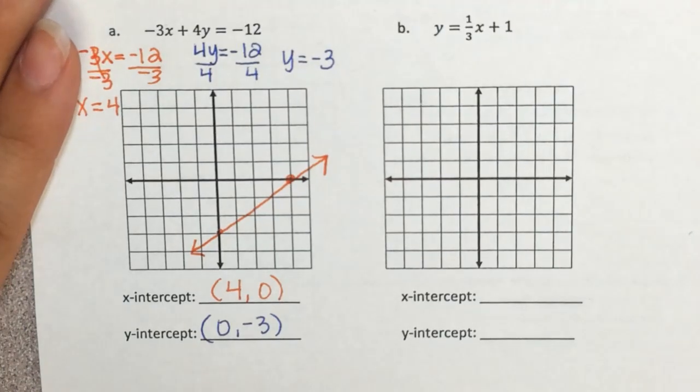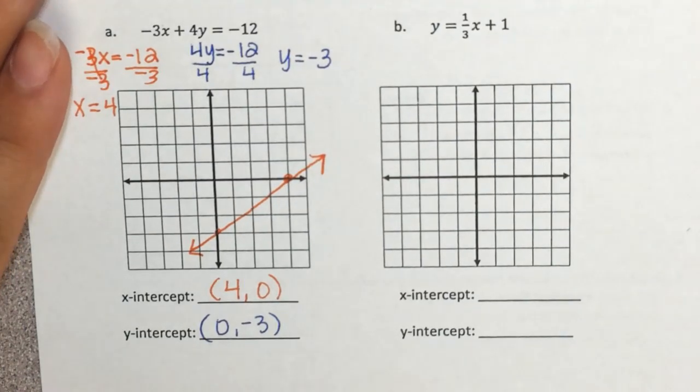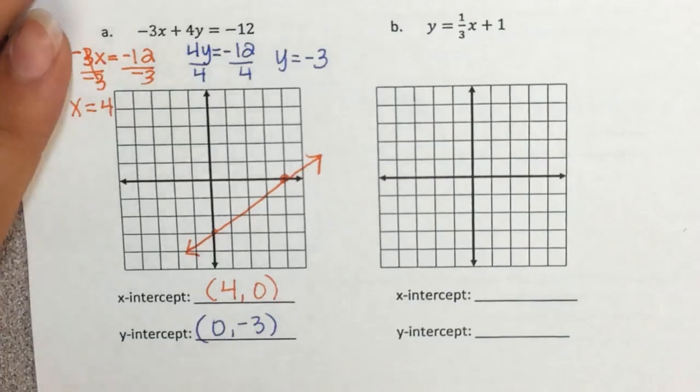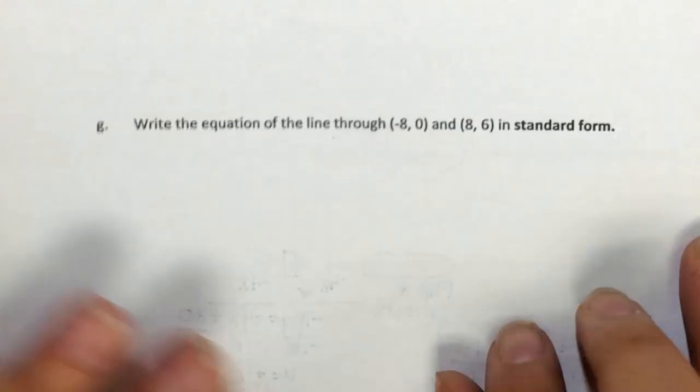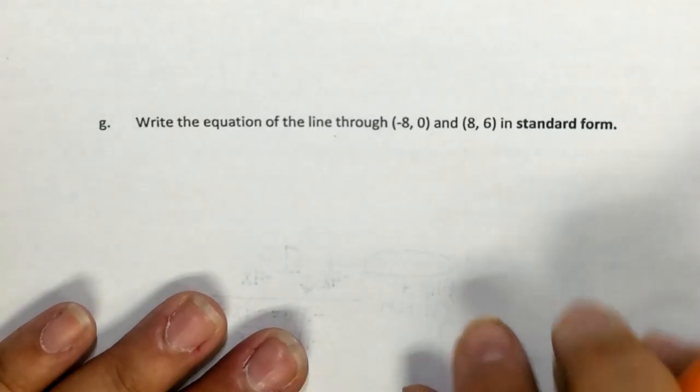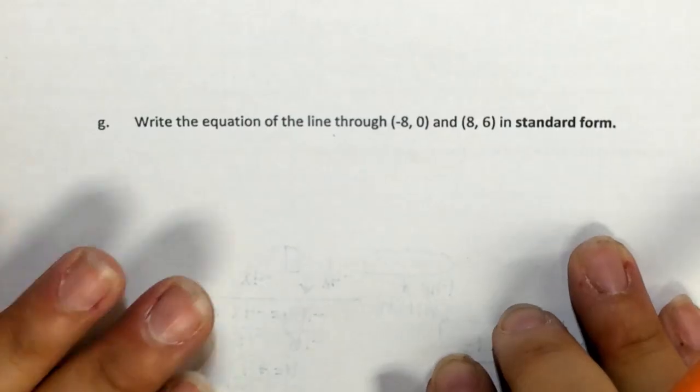Number 8, I only have 5 minutes, so I'm not going to do all of these. I'm going to focus more on a question like, let's do G. Write the equation of a line through this point in standard form. What am I going to do first? Find slope.